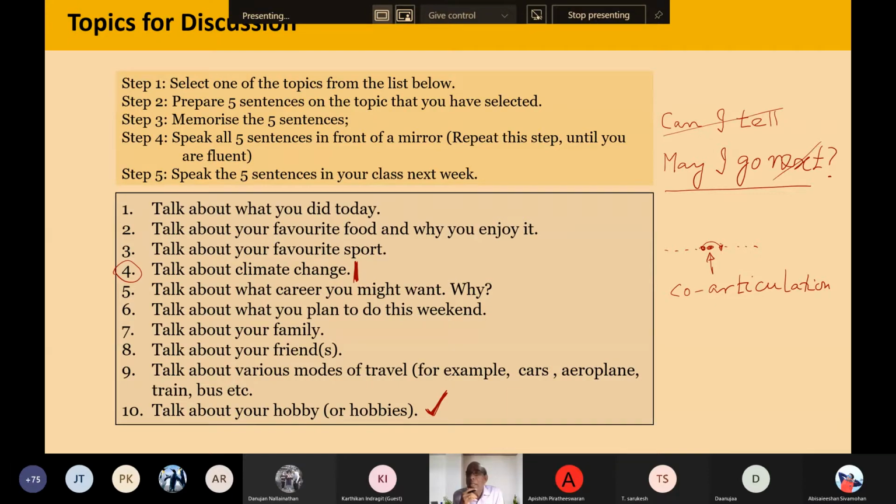You don't need to have many. So you can go into Google, type in climate change, read about climate change, pick up 4 or 5 sentences, memorize those sentences, speak those sentences in front of a mirror and see whether you are satisfied. Then come and speak in front of me.